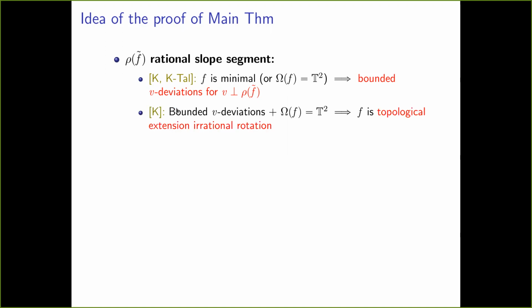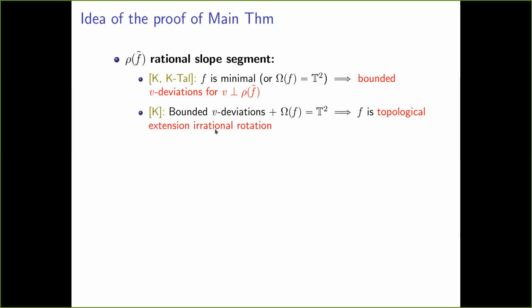And the idea is that you use the boundedness of the deviations plus this property here. I mean, in this case, it's not necessary to consider minimality. In this case, we know that these two properties imply that this is a topological extension of an irrational rotation. Okay, sorry, this is the last result.